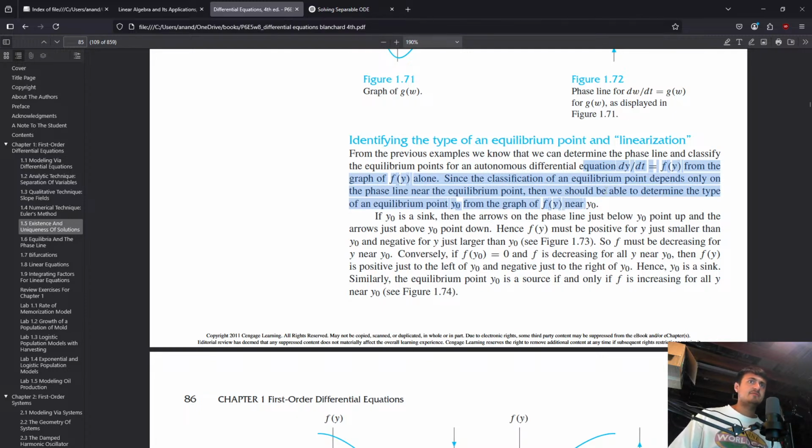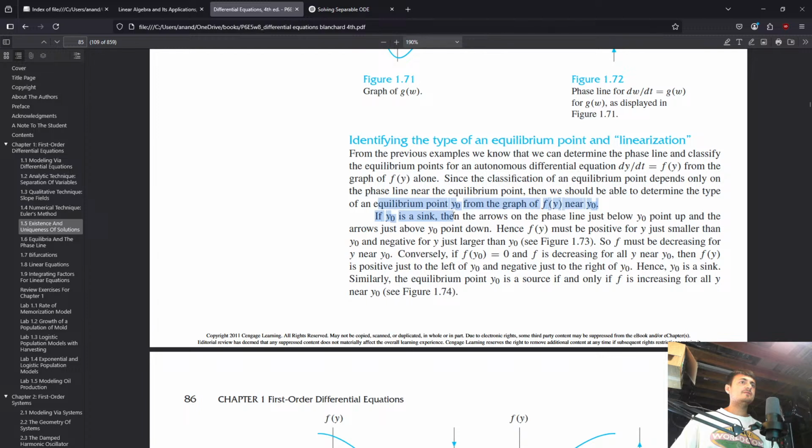Since the classification of an equilibrium point depends only on the phase line near the equilibrium point, then we should be able to determine the type of an equilibrium point, y0, from the graph of f of y near y0.